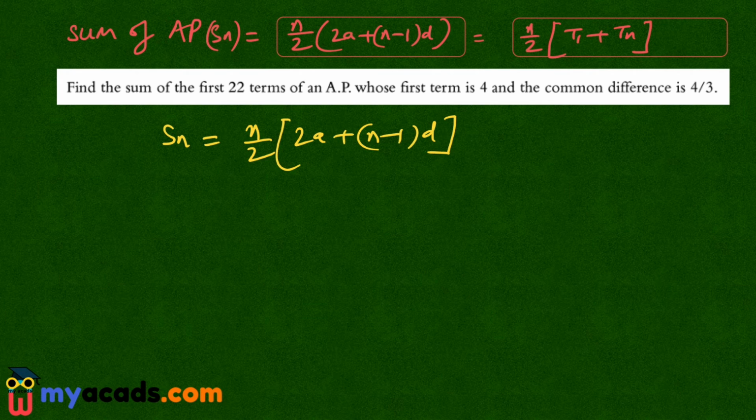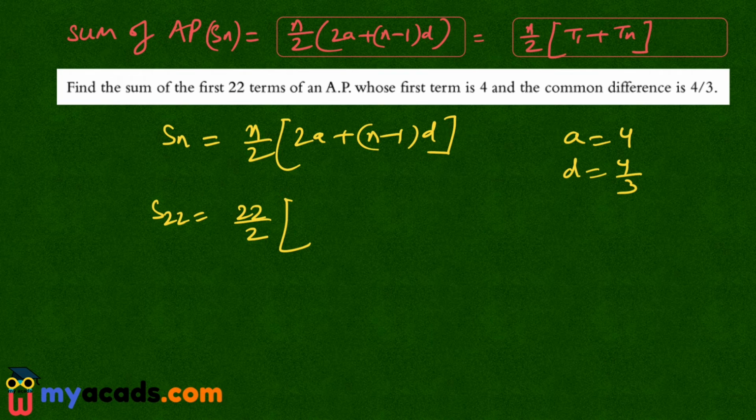The question says find the sum of the first 22 terms, S22, that is equal to 22 by 2, whose first term is 4, meaning A is 4, and the common difference is 4 by 3, meaning D is 4 by 3. So this is 8 plus (n minus 1, that is 21) times D, which is 4 by 3. So this is 7.